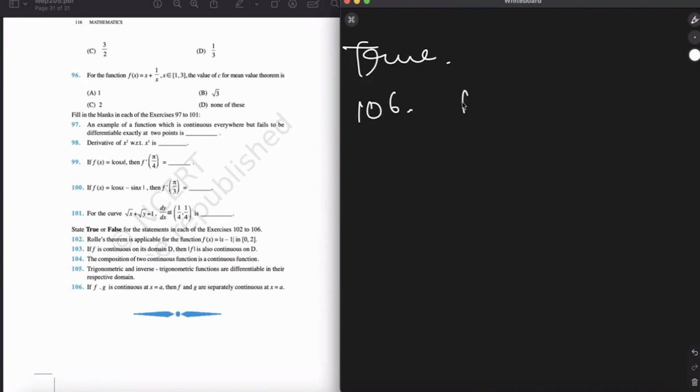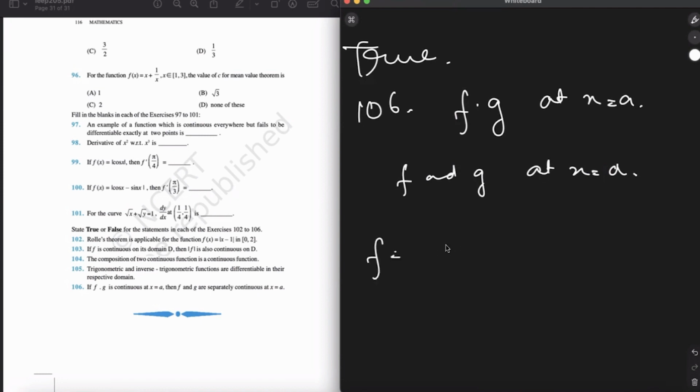See, suppose f dot g is continuous at x equals a, then we are asking that f and g are separately continuous at x equals a. I can prove how this is not possible. Suppose there is a function f. f is equal to, let's say, x square upon x minus a, and g is x minus a upon x cube.